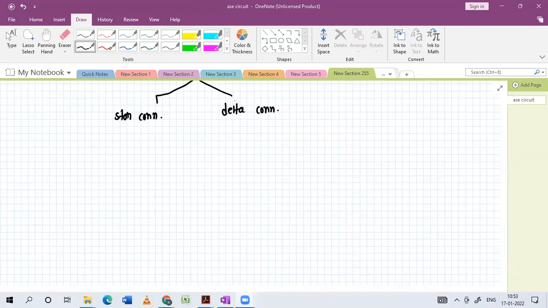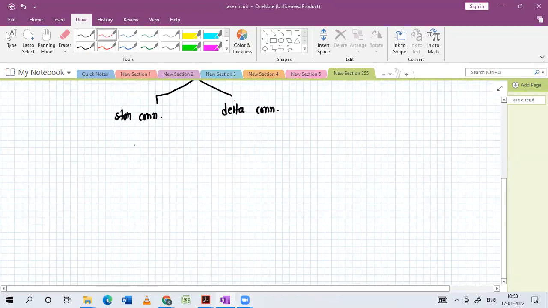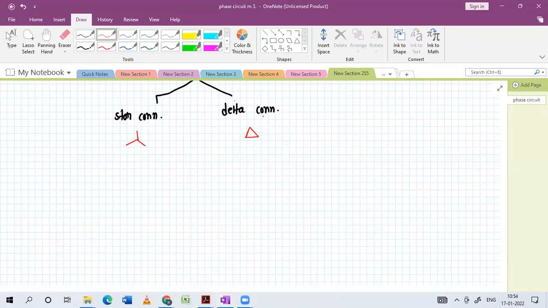Now a star connection looks like this, and the delta looks like this. So three phases are there. If you connect the three phases in such a manner, it is called a star connection. If you connect in this fashion, it is called a delta connection.